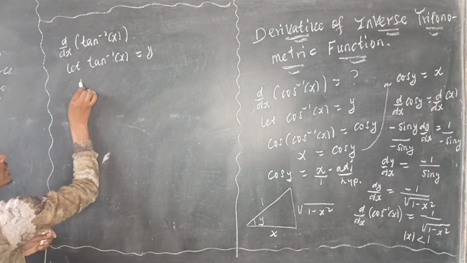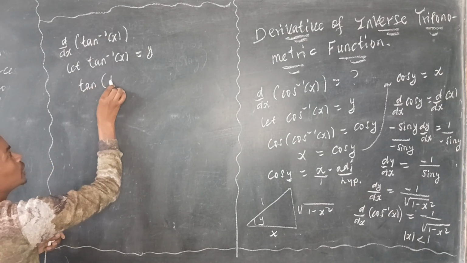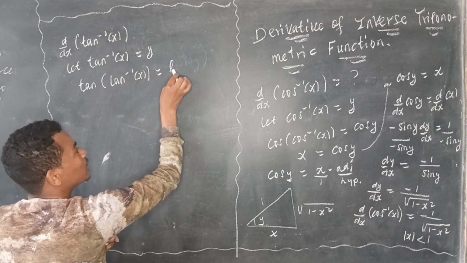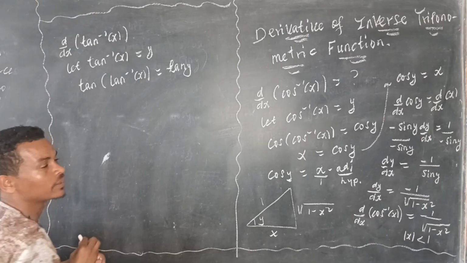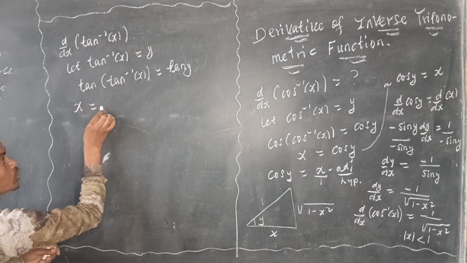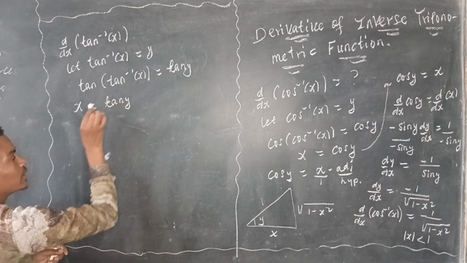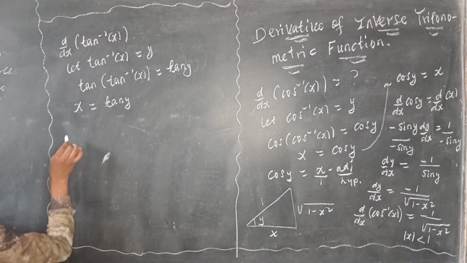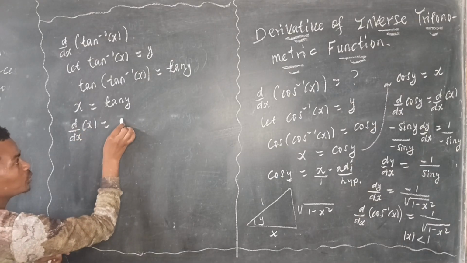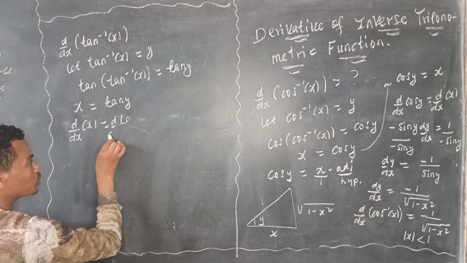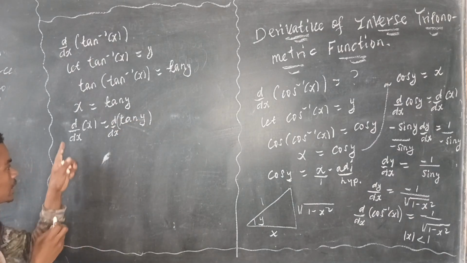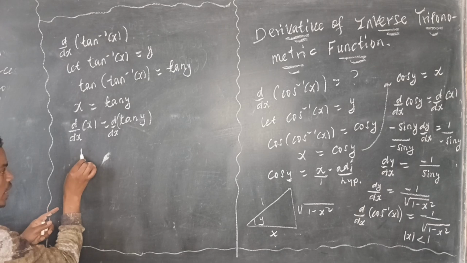Applying tan to both sides, tan of tan inverse of x is x, which is equal to tan y. Now differentiate both sides with respect to x. That is d by dx of x is equal to d by dx of tan y. d by dx of x is 1.